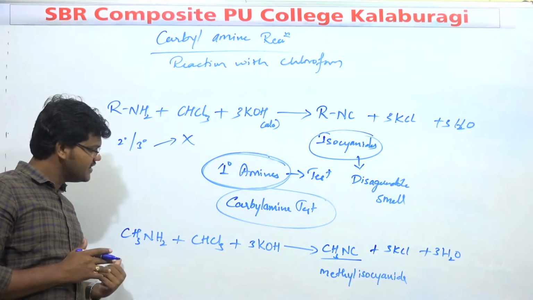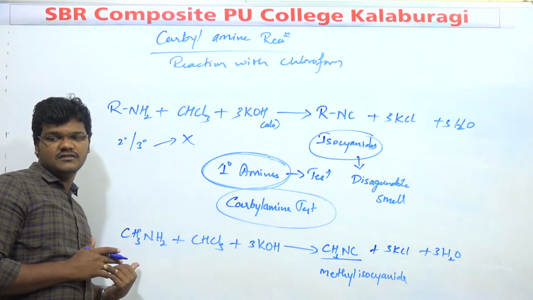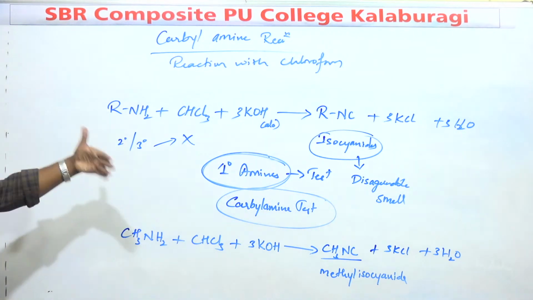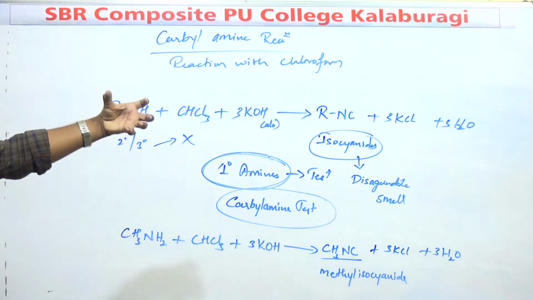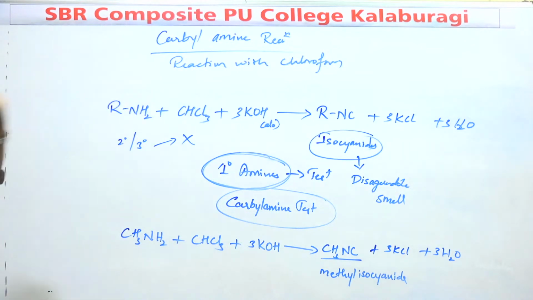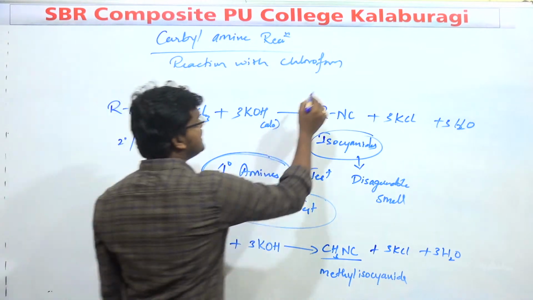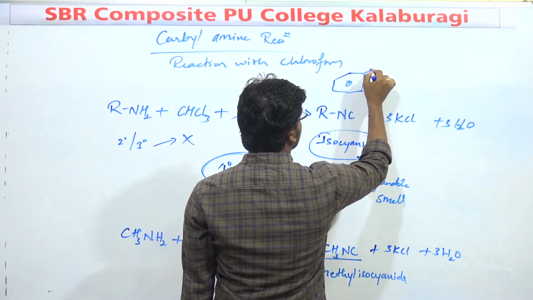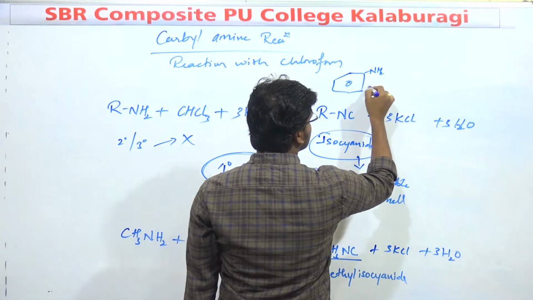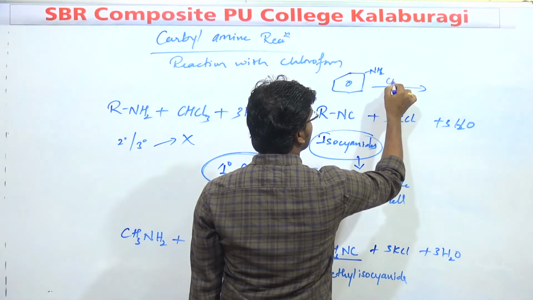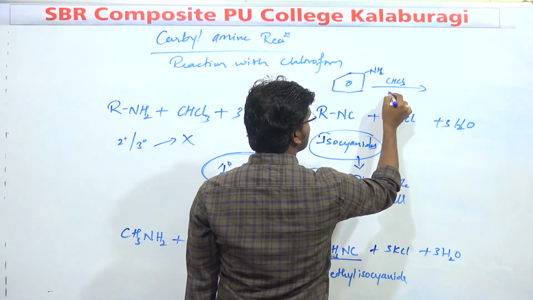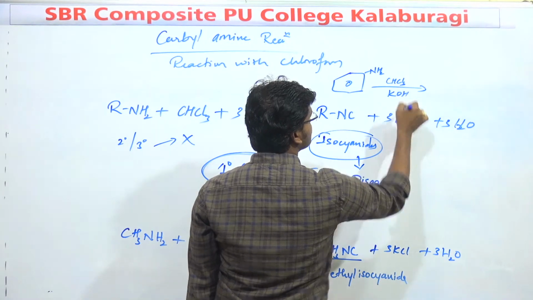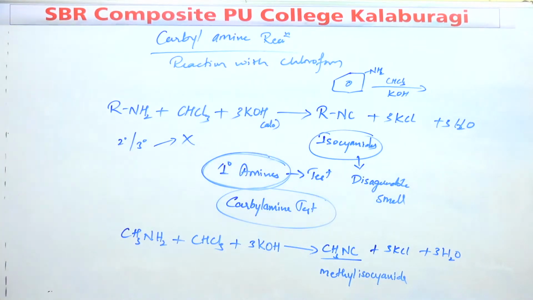This is an example. You can take any other alkyl groups and you can write the products. If I take aniline, I will write that example over here. I am having C6H5NH2. To this NH2 compound, I will add chloroform and KOH.